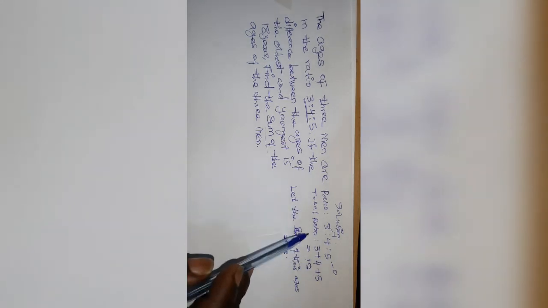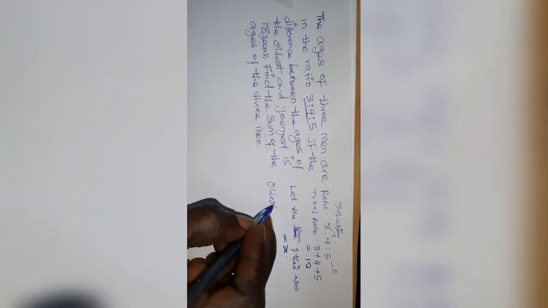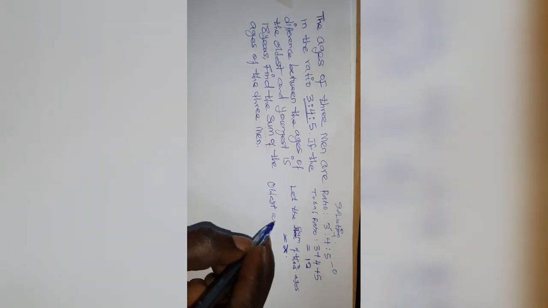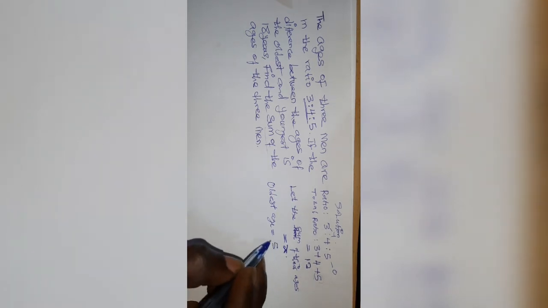Now, to find the oldest portion, that is the oldest age, we take the ratio of the oldest, which is 5, over the total ratio, which is 12, multiplied by the sum of their ages, x. That gives us 5x over 12.